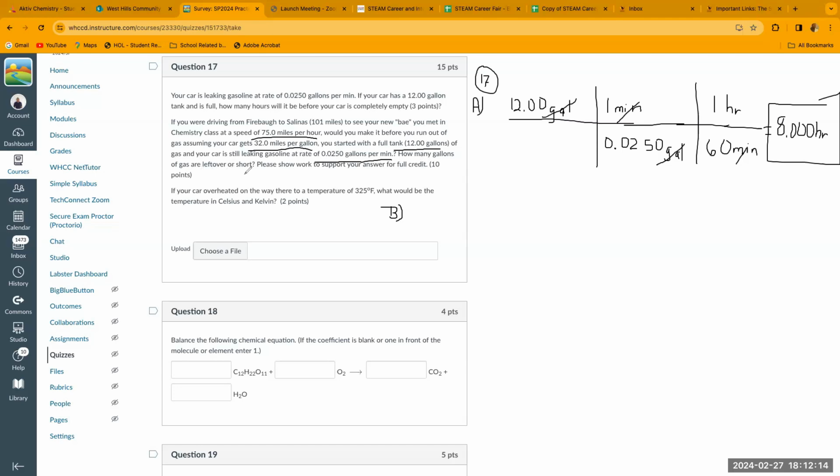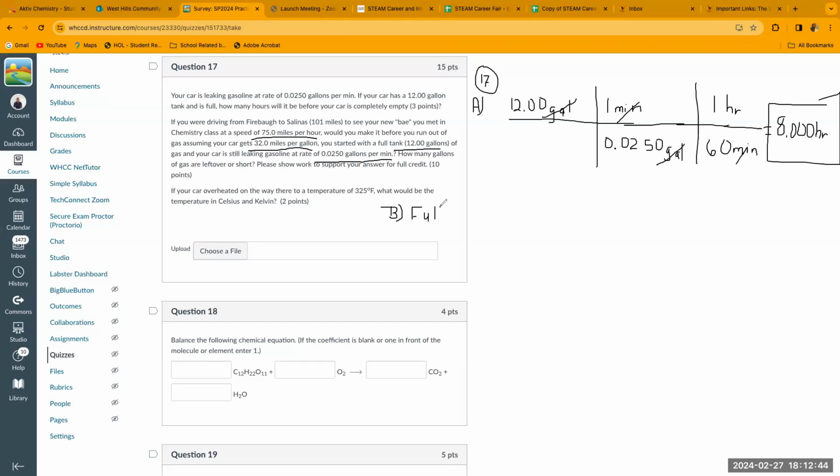So there are two questions that we need to ask: whether or not we're going to make it without running out of gas, and how much gas we have left over or that we're short. Okay, so those are the two things that we want to answer. So if we think about it, we have our full tank down here.